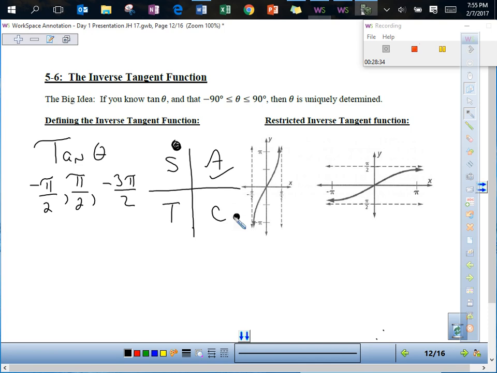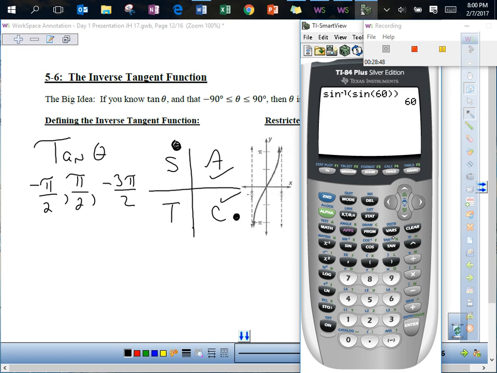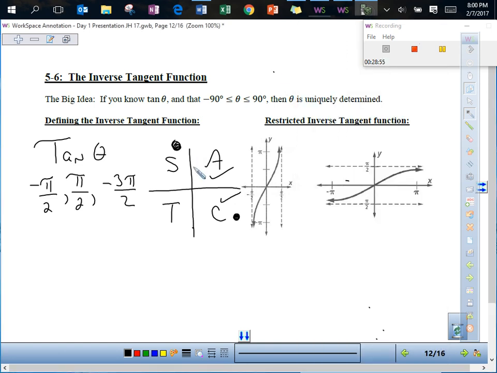I got to use quadrant 4. Here's how come. Remember guys, if you go tangent of 90 real fast in your calculator, if I go tangent of 90 degrees, notice that I get an error. Remember, we have an asymptote at 90 degrees. So I can't include quadrants 1 and 2. I got to include quadrants 1 and 4.